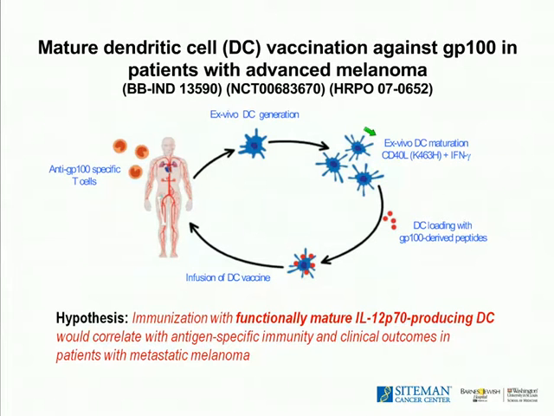Then these cells are matured using, in our case, a combination of CD40 ligand and interferon gamma. This is based on previous results which have demonstrated that you need two signals to generate IL-12 producing dendritic cells. Once these cells are mature, they are loaded with peptides. In our case, the peptides were from a protein that is expressed in melanoma called GP100. Then these loaded and mature cells are given back to the patient through an infusion.